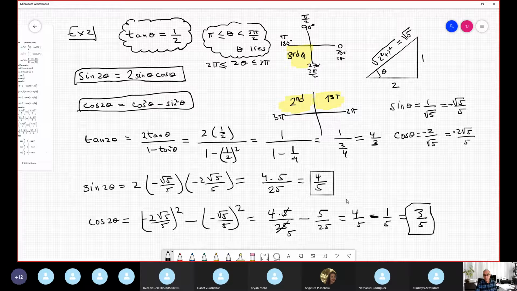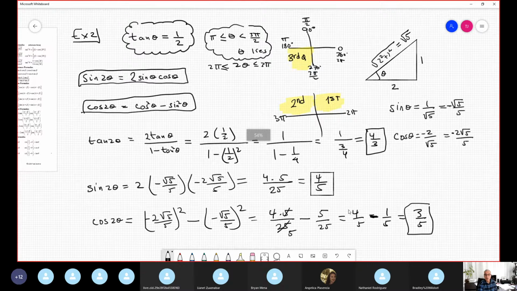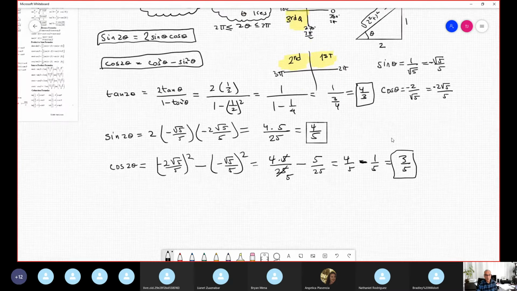And this is positive. Definitely, you're right. And the first quadrant, like my angle in the first quadrant, because sine, cosine, and tangent are positive. So this answer, which I had a doubt about, is positive. That means that our double angle lies in the first quadrant. Another possibility to compute the tangent is division. Tangent of 2 theta is equal to sine of 2 theta divided by cosine of 2 theta.